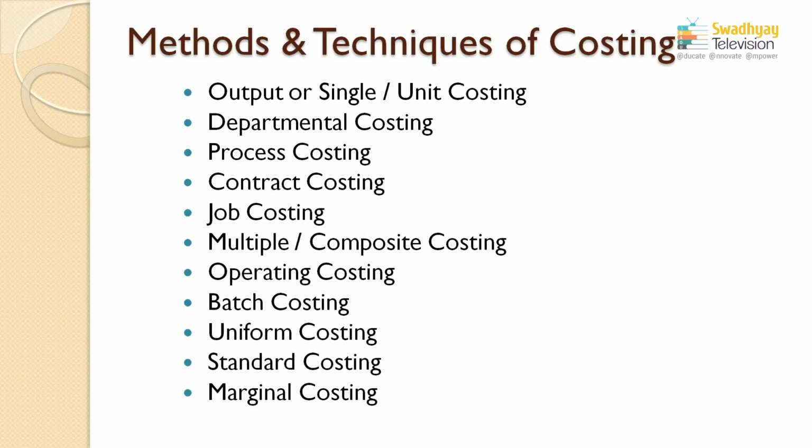Start with the first method, that is output or single costing, which can also be called unit costing. Unit costing means that if the company is involved in the manufacturing of a product or rendering different types of services, it can adopt unit costing, single costing or output costing. But the single or output costing method is a continuous process.